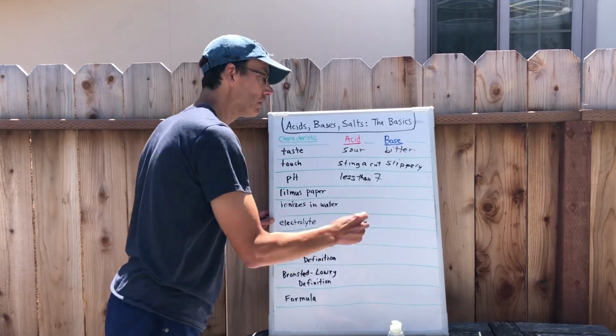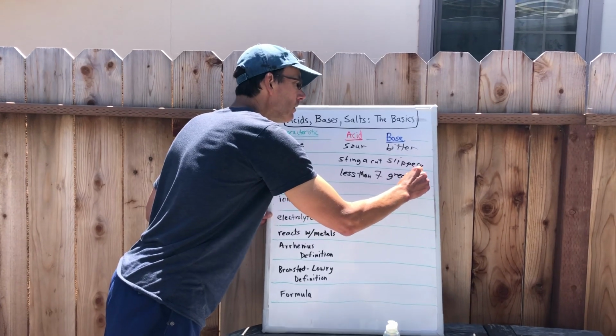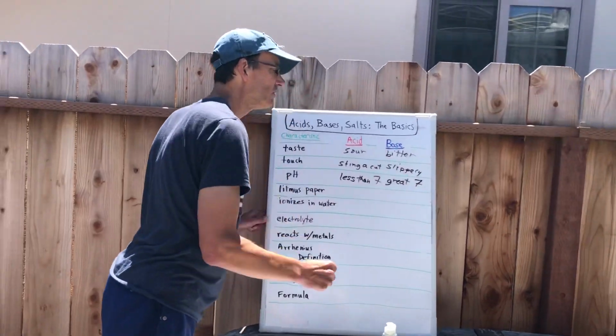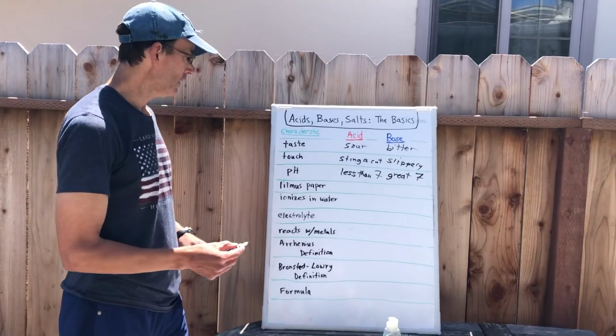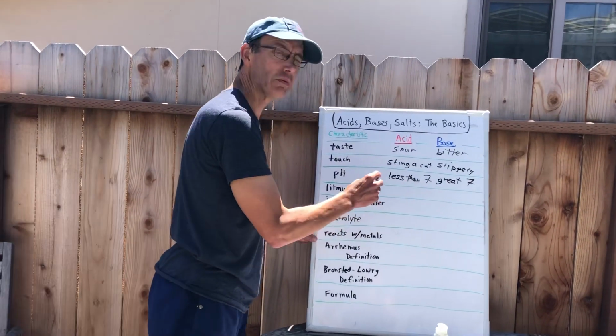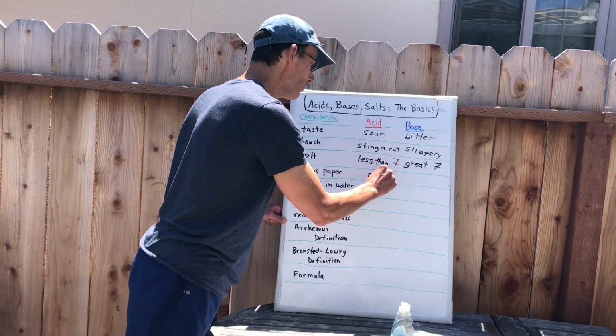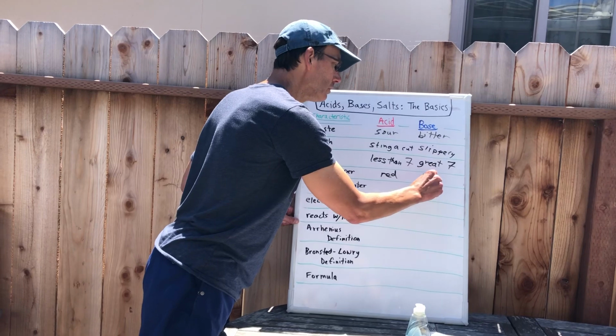A base has a pH greater than 7. 7 is neutral. And when you put a piece of litmus paper in acid, it tends to turn red, whereas bases tend to turn blue.